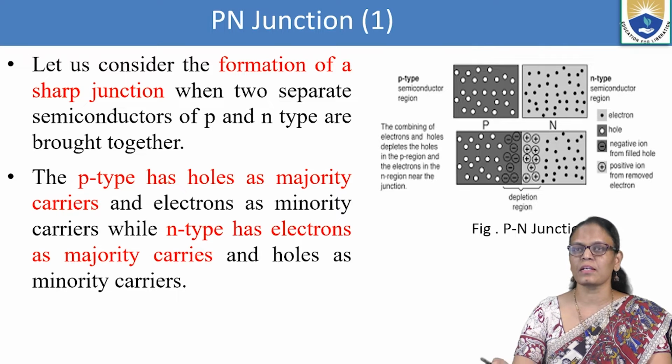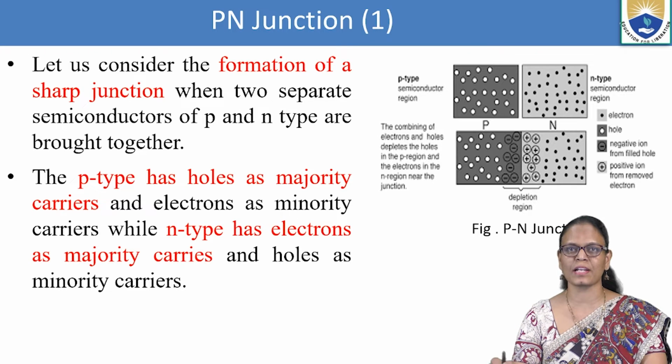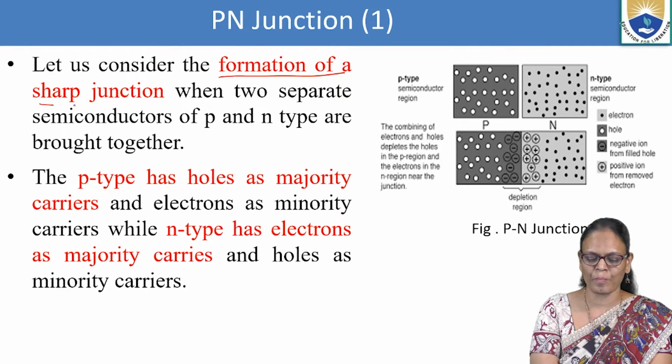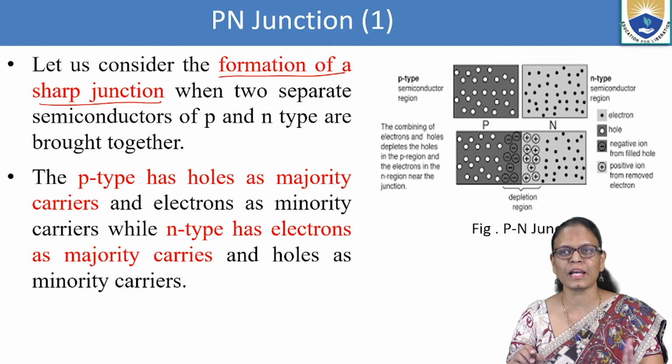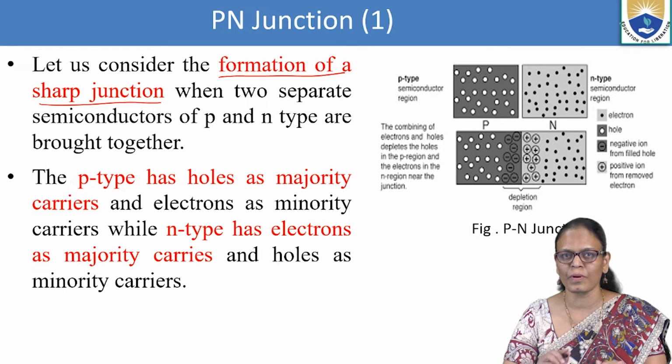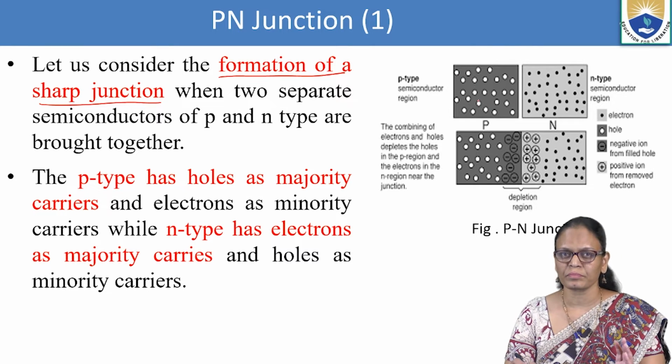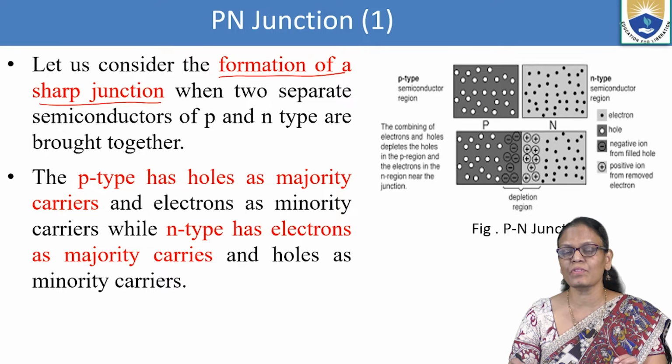Now let us see how the movement of charges takes place after the junction is formed. We have seen the formation of a junction when two separate P-type and N-type materials are brought together. P-type means a semiconductor material which is doped with a trivalent impurity.